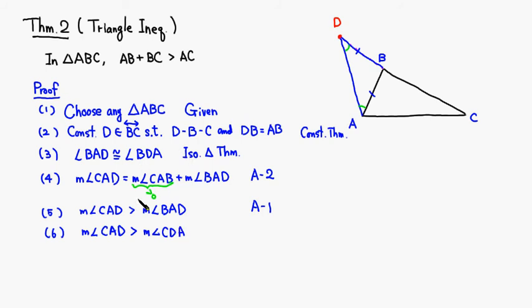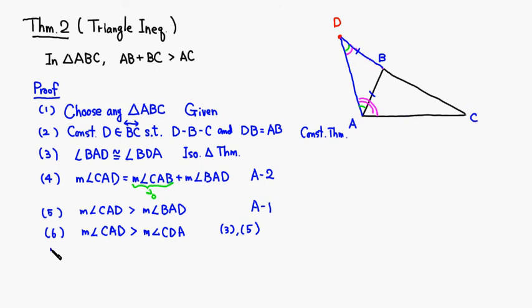So we are combining line 3 and line 5 to get that. So the angle here is larger than the angle there, so we can use the scaling inequality. The side DC, opposite from the larger angle, is going to be longer than the side AC, opposite from the smaller angle.